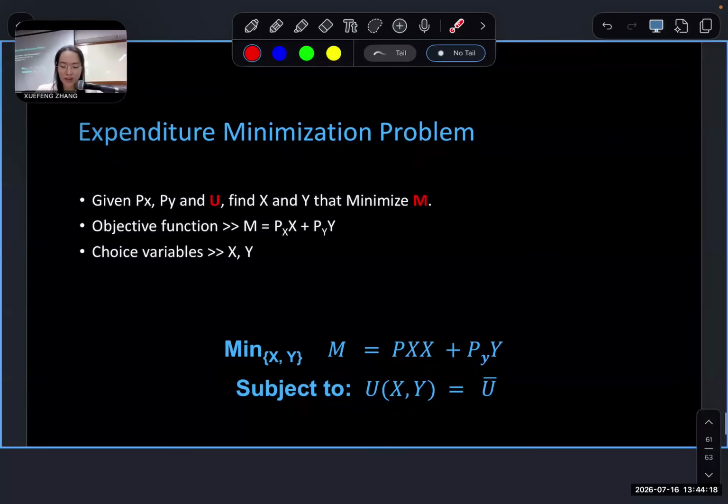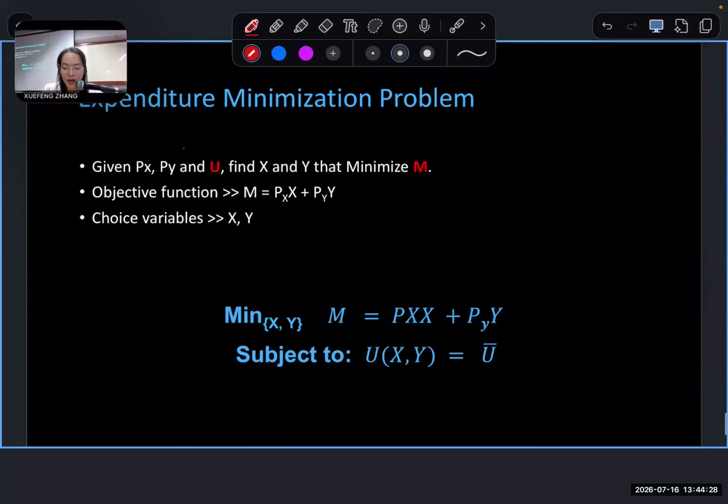So next one, let's talk about expenditure minimization. This is the mirror image of utility maximization. Basically, you are given price of X, price of Y, and utility here, and you need to find X and Y that minimize your spending, which is the money here.